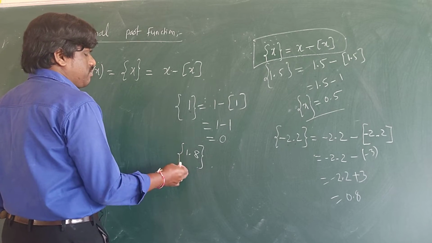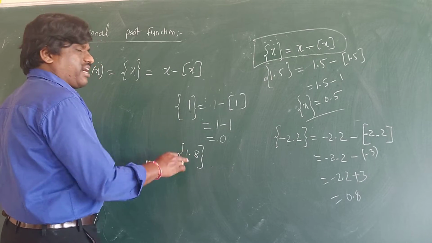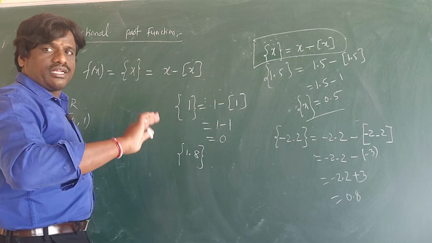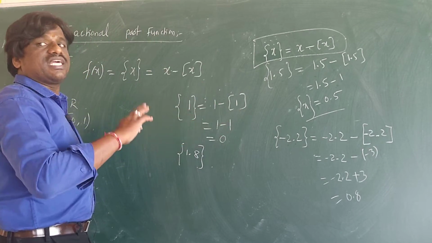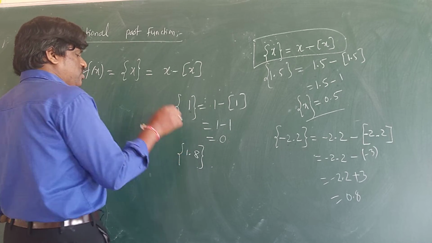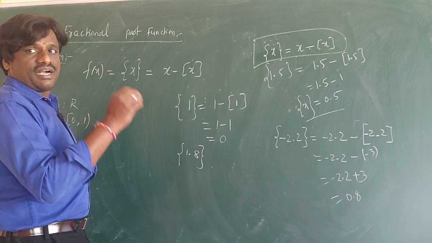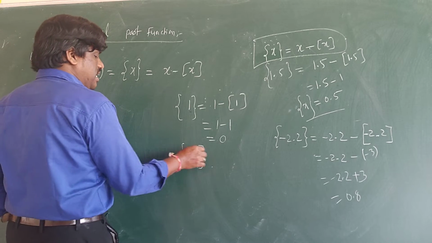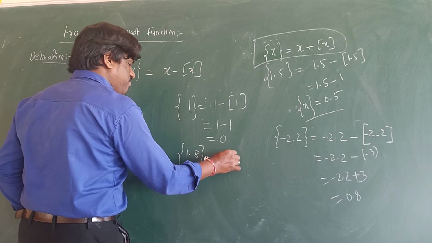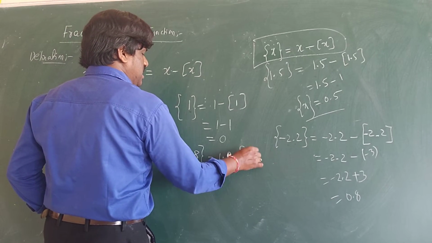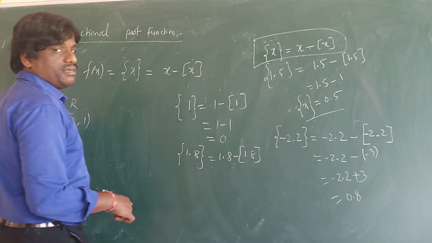Not only 1.2, you can take 1.2225, you can take 1.256, you can take anything. If you want to find the fractional part of any number, I can write it as the number itself minus the greatest integer of the number.